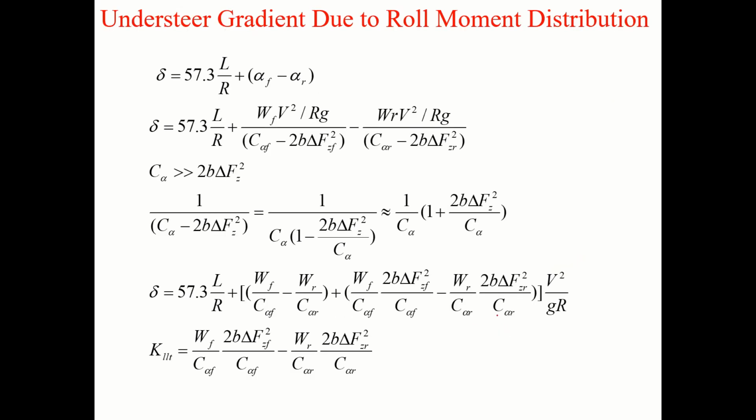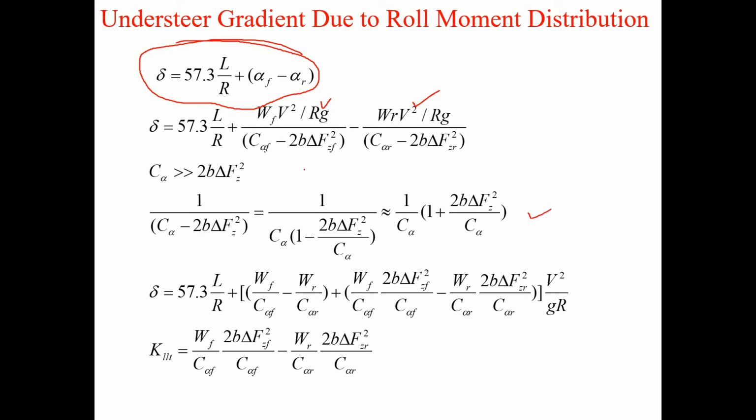Now our understeer gradient or cornering equation is this. Let me substitute the alpha F value. Also let me substitute the alpha R value. Is it okay? C alpha is very much greater than this kind of a thing, so this one I can approximate like this.